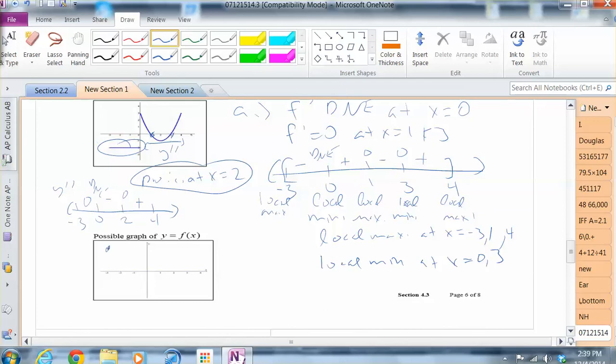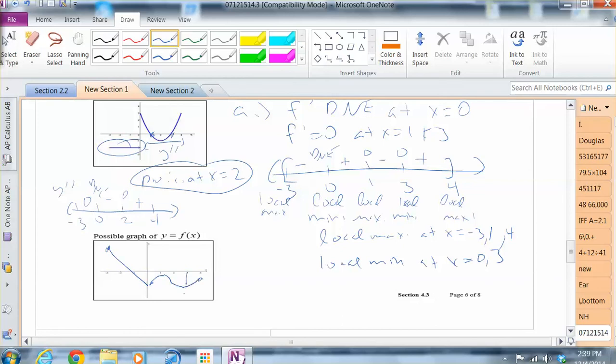So say it has something kind of like that. And I have another endpoint right there. And we want a min at 0, but a max at 1. So maybe something kind of like this. And also we're showing that it's concave down from 0 to 2. And then we hit a min at 3, and then back up that way.